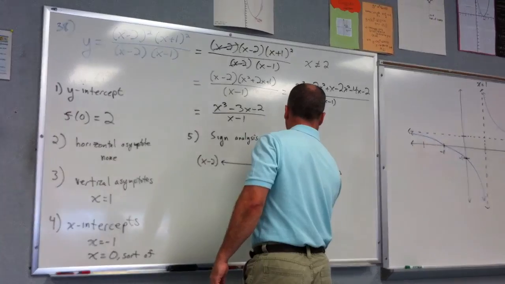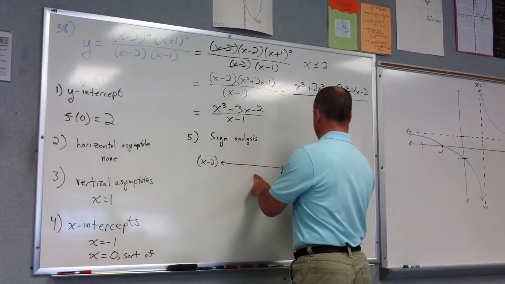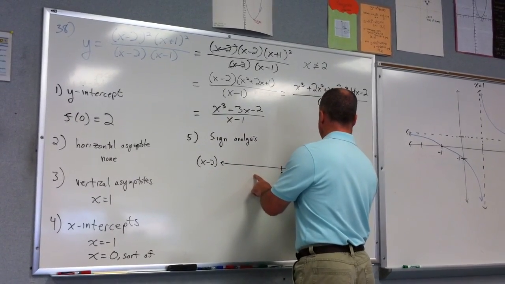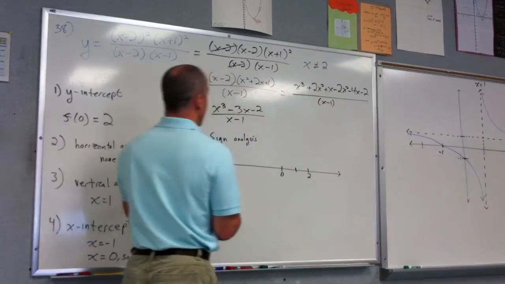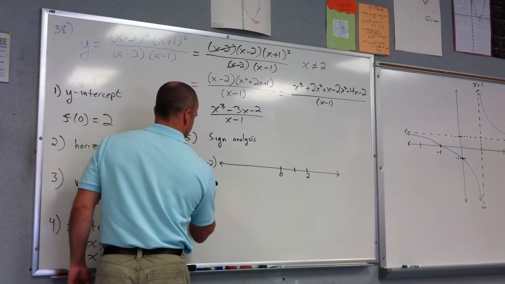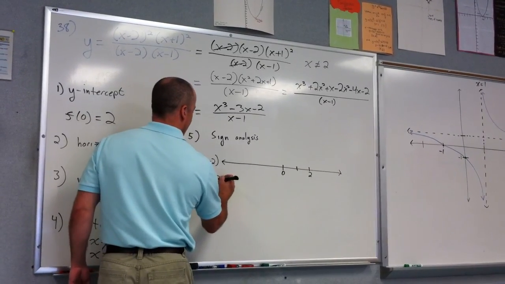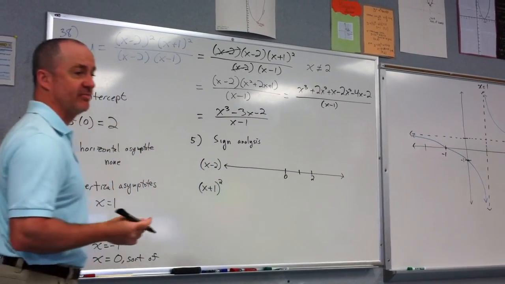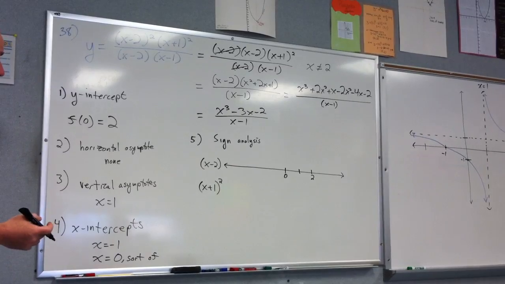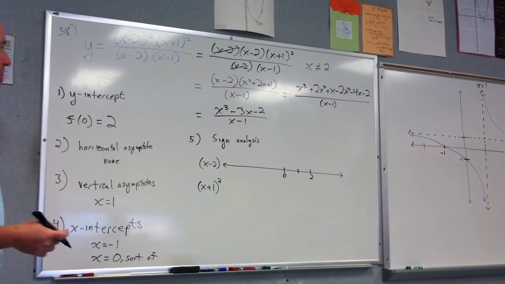Now, I care about +2 and that's it. I want to do something a little bit different that I haven't shown you guys here. There's a couple ways to do this, but for the sign analysis, you want to do whatever will make your life simplest. So I'm going to do x plus 1 squared.